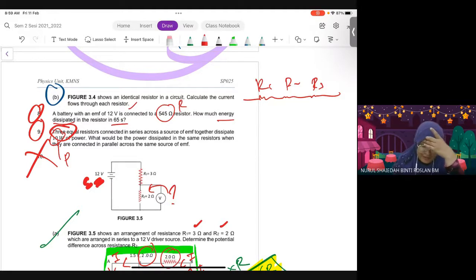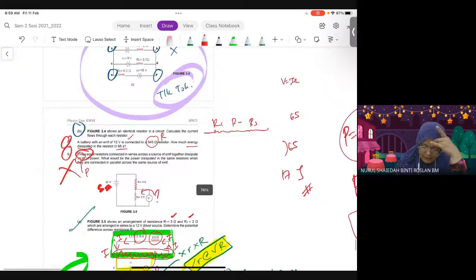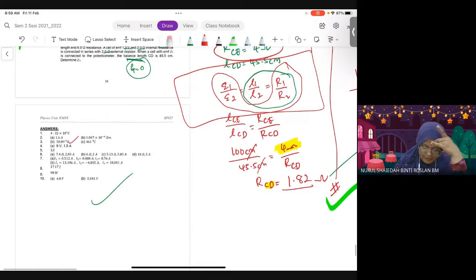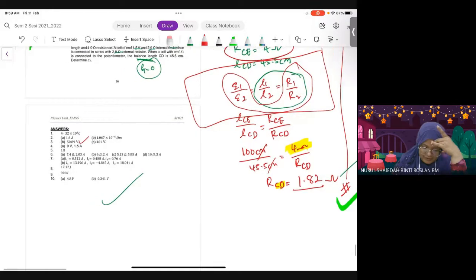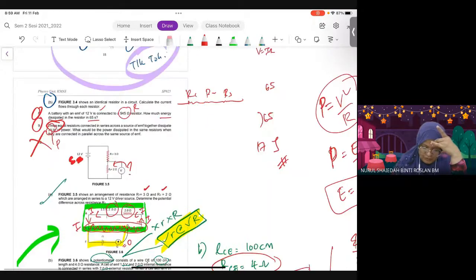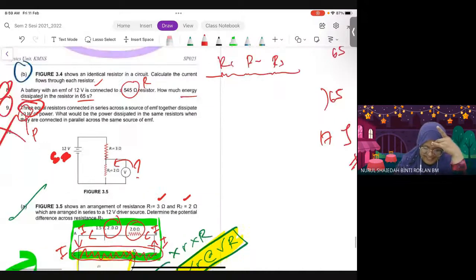So yang ini dia suruh kira ke? Apa jawapan dia ni? Dah tak bagi nilai. Macam mana dapat 90 watt? Oh, sebab dia bagi power. Okay. Power sama dengan I squared R. Lagi apa?